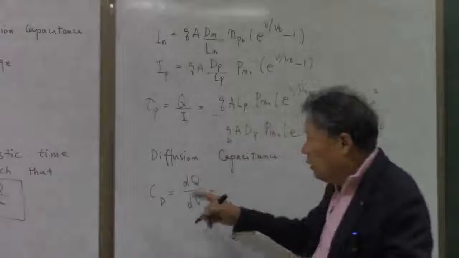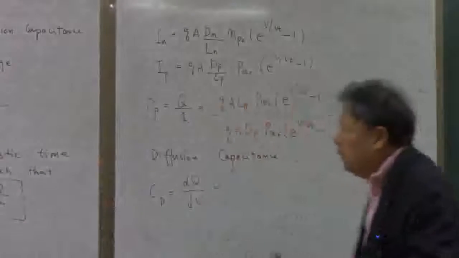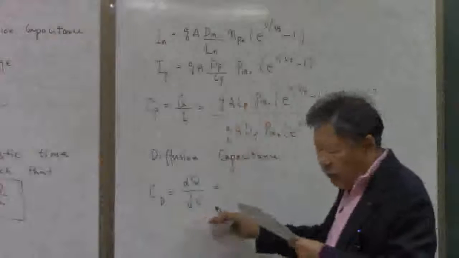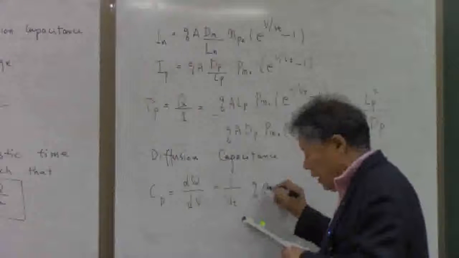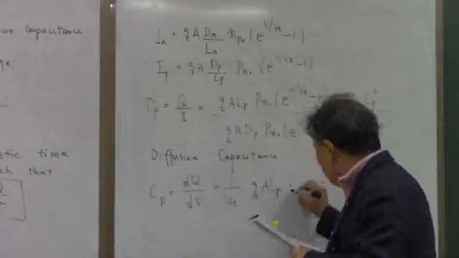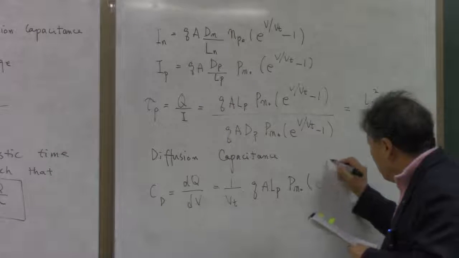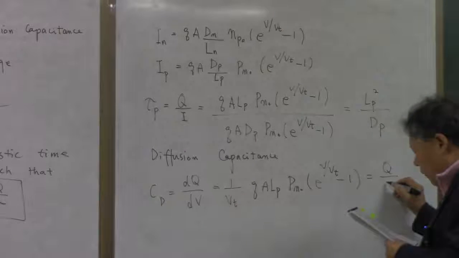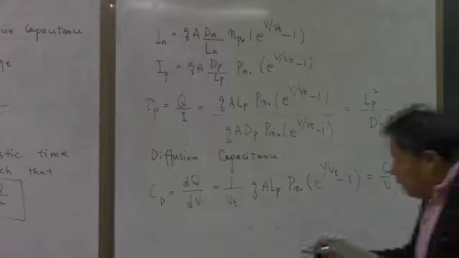And then all we have to do is make a derivative of Q with respect to V, and then we end up with QA dP Pn naught e to the V over Vt minus 1, and that is Q over Vt. Simple. That's the characteristic of the exponential, right?